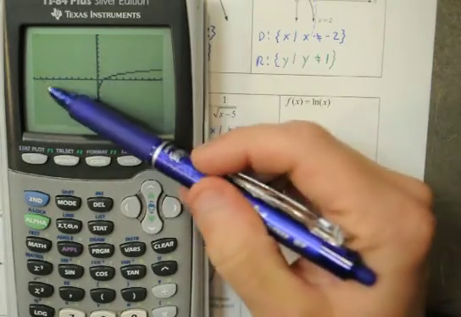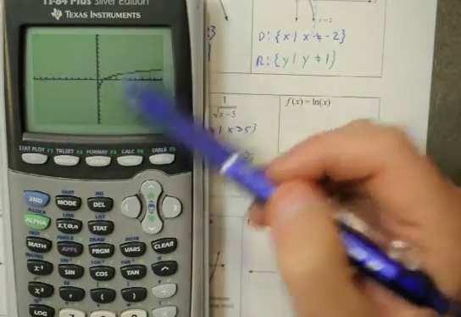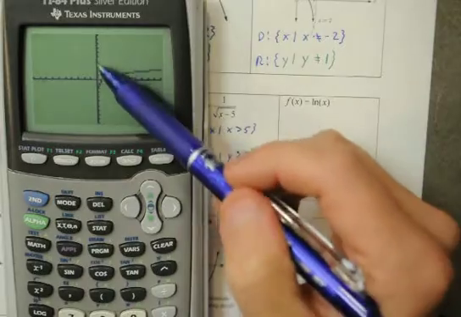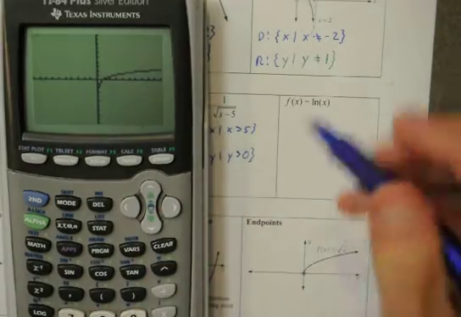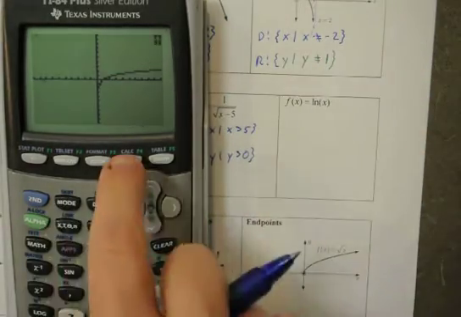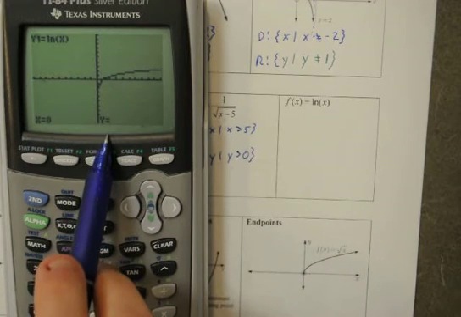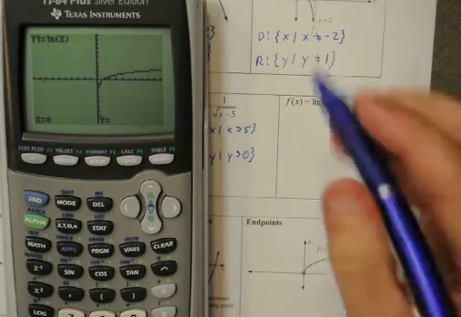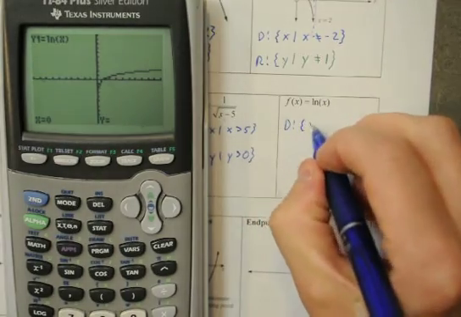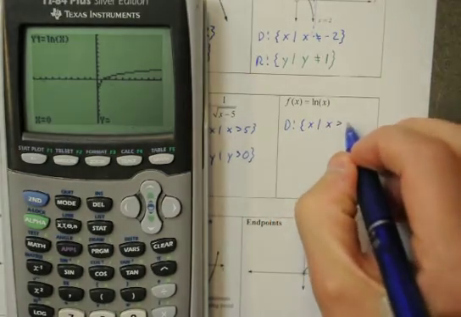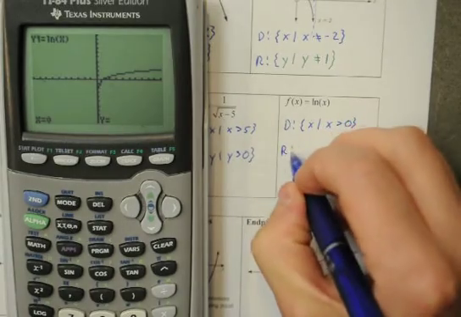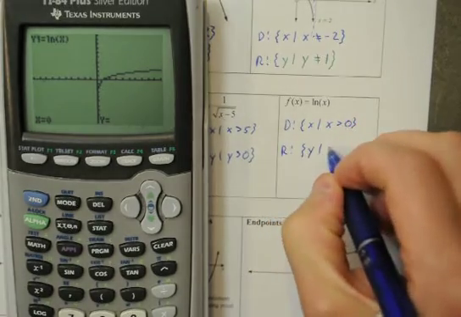So you can't plug in any. The starting point as far as left and right goes is 0. In fact, you can't plug in 0. If I did second calc value 0, you don't get anything. So the domain is x such that x is greater than 0, and the range is y such that y.